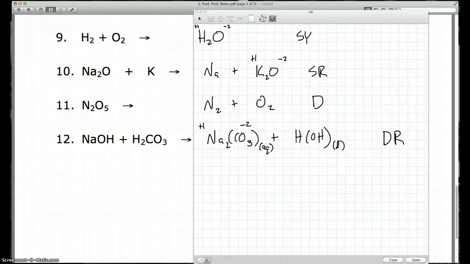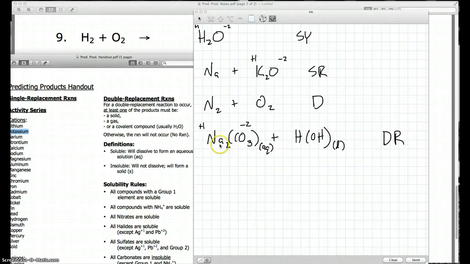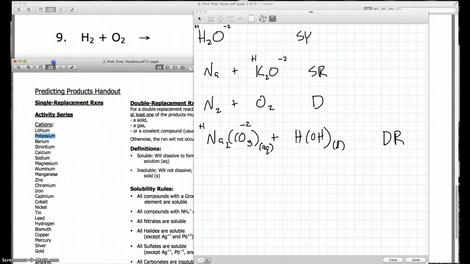And again, I use my rules. There's group 1, Na is in group 1, so I know it is soluble, so I put aq, because group 1 compounds are always soluble. And HOH, I'm going to assume, is a liquid.